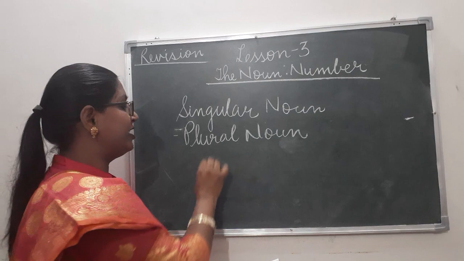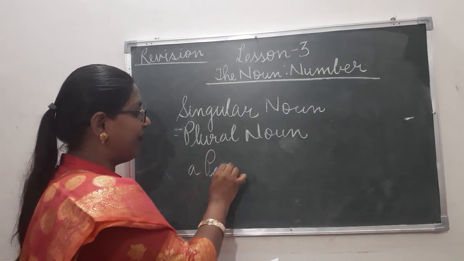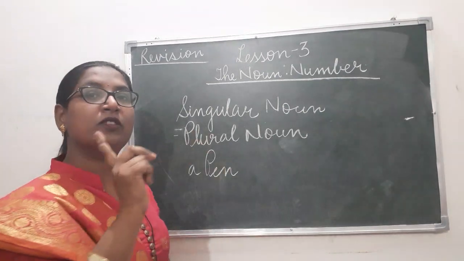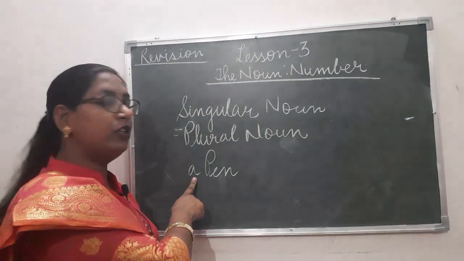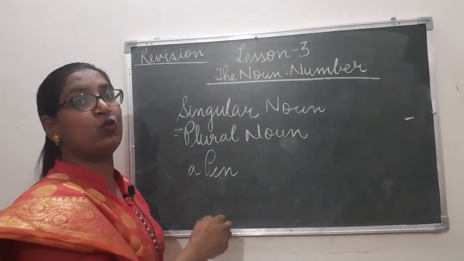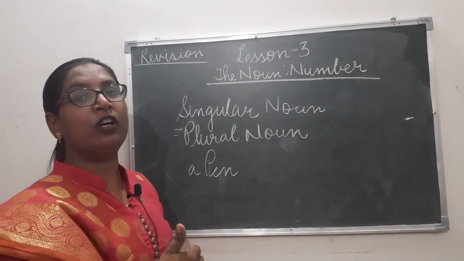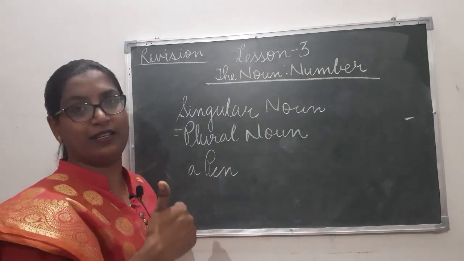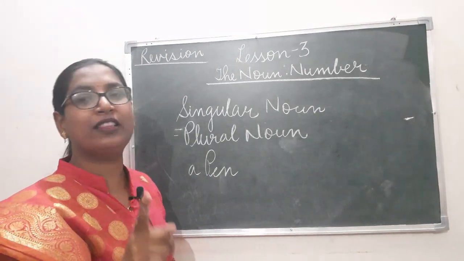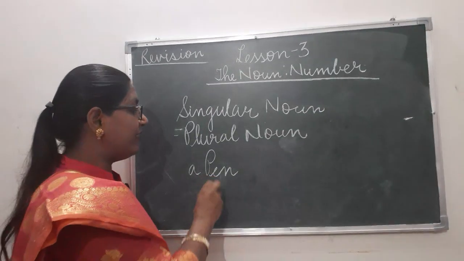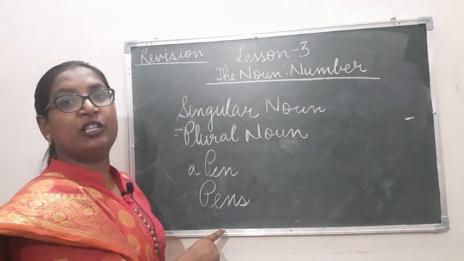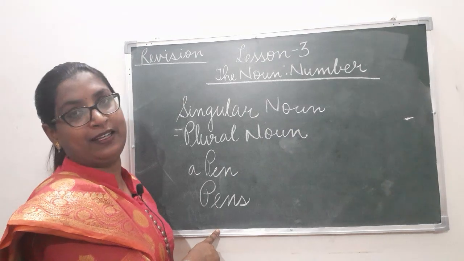Singular noun, for example, a pen. A pen indicates one pen. A or an indicates one thing. And when we say pens, it means more than one pen.